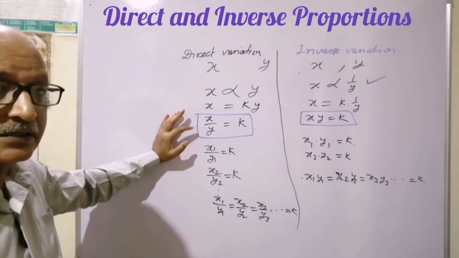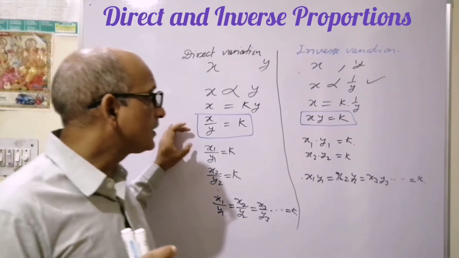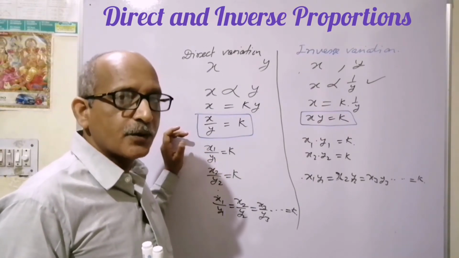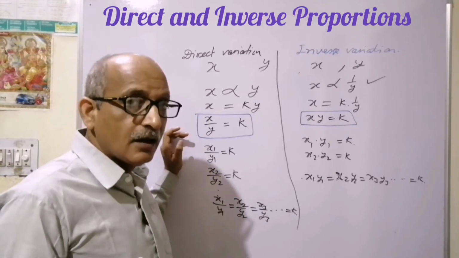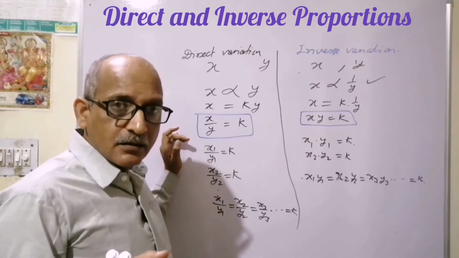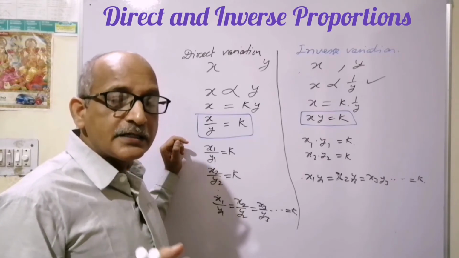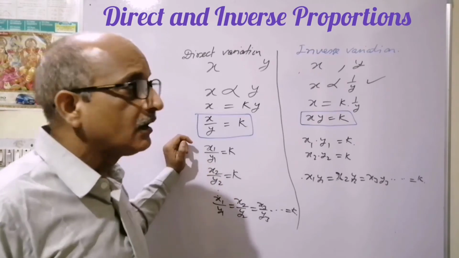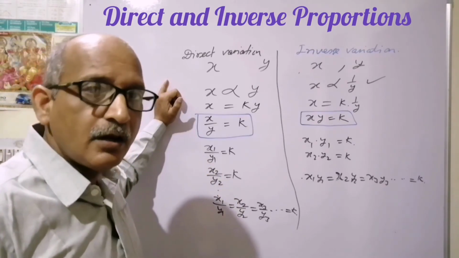Try to understand first. In a question based on direct and inverse proportion, first of all we have to think which property is applicable. Is it direct proportion or is it inverse proportion? At the first glance we have to think whether the variation is direct or inverse.